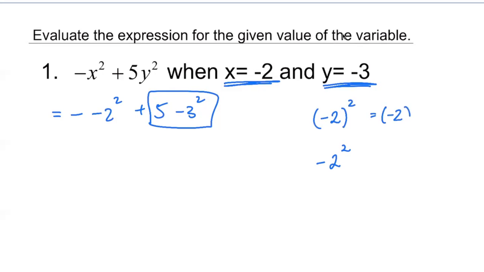So for the top one, it means -2 times -2, which gives you +4. Whereas on the bottom one, the correct interpretation is that only the 2 in front of the square is being squared, not including the negative. So that gives you a very different answer. That's -4. So this is why using parentheses is so crucial, very crucial to your own success.